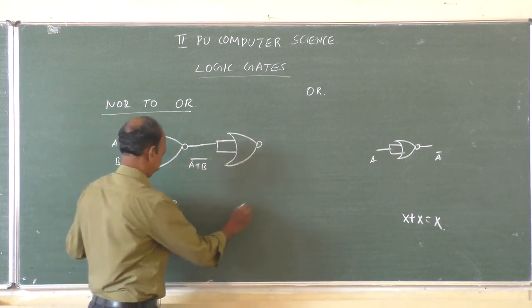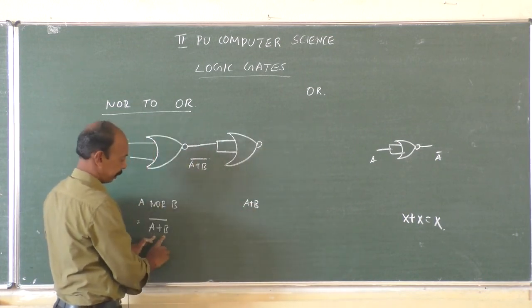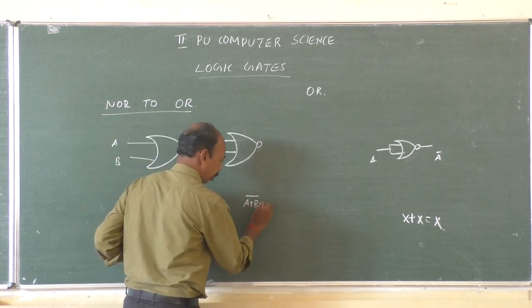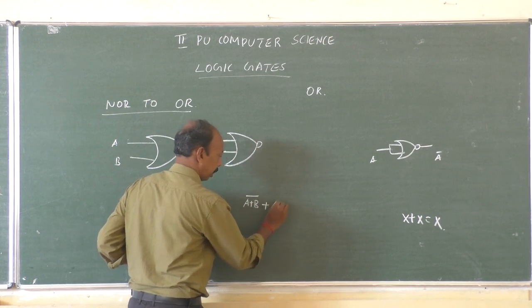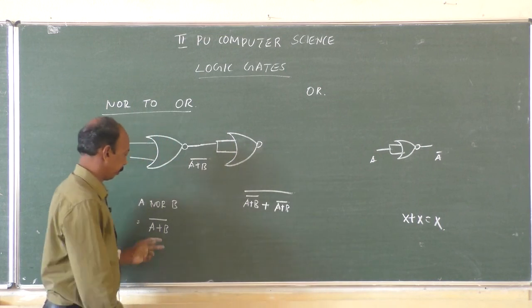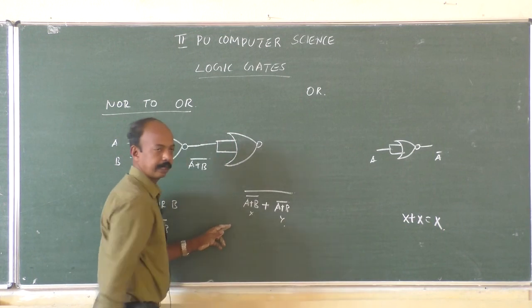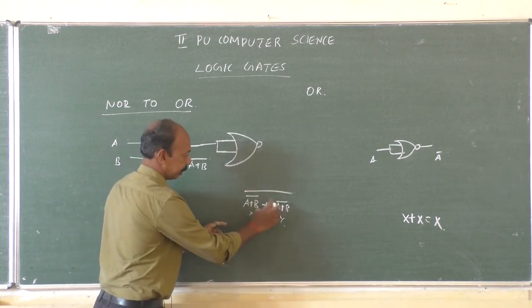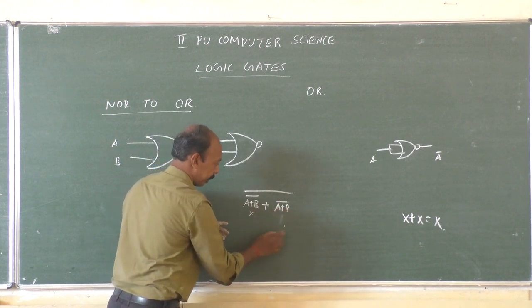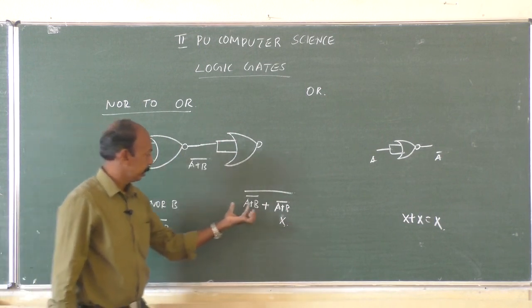What we will have? A plus B whole bar NOR A plus B whole bar. This is the first input, this is X, this is Y, this is X, this is Y. But since they are the same, what we need to write is X and X. It is the same as this one.